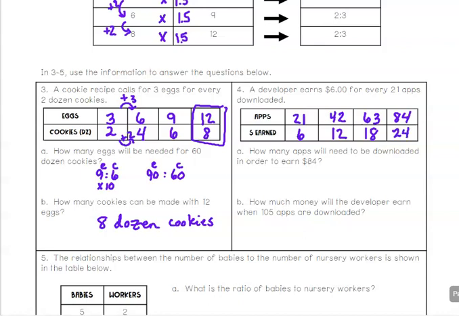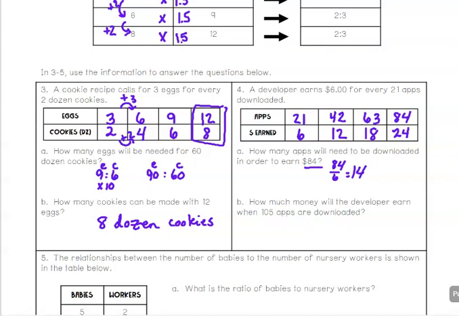All right, so then it says, how many apps would I need to do in order to earn $84? There's a bunch of different ways you could do this. Again, I'm going to do it differently than this one just so you can see it. So if I want $84, well, if each time I'm getting $6, well, 84 divided by 6 is 14.